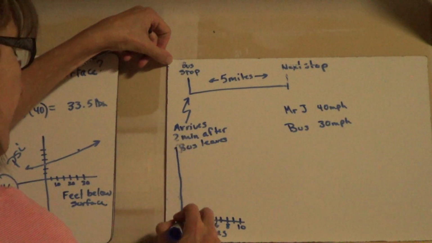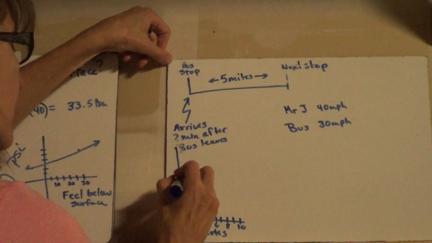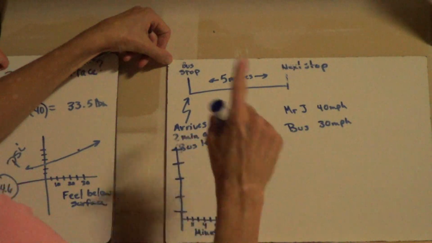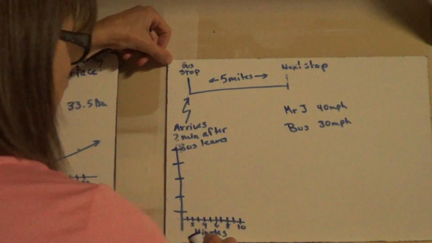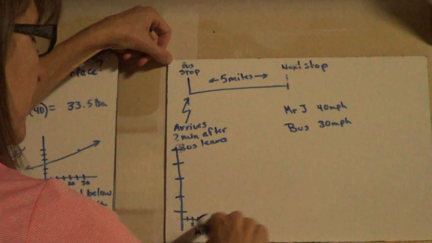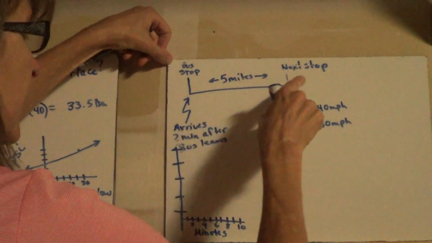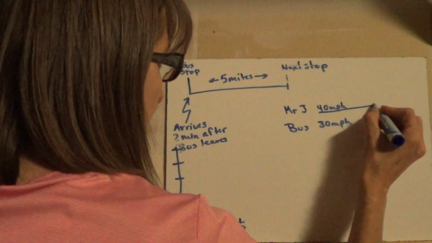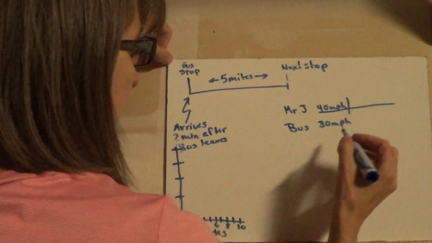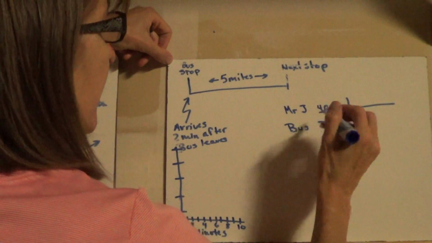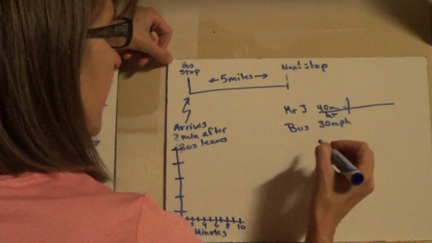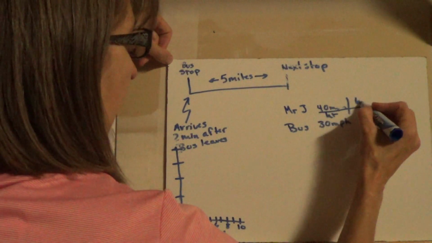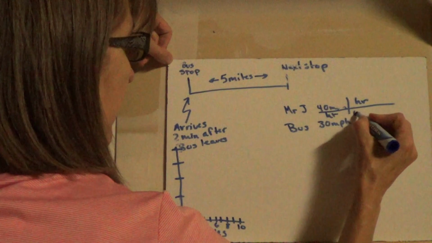So we could graph this. We could say, okay, Mr. J, we need to figure out how many minutes it's going to take you to get to that bus stop. So first thing that you might say is we need to do unit analysis. This is 40 miles per hour, and we need to get rid of the hours and put it to minutes.